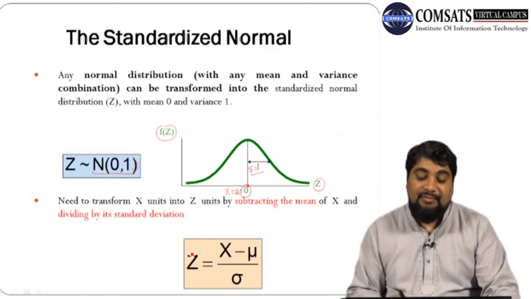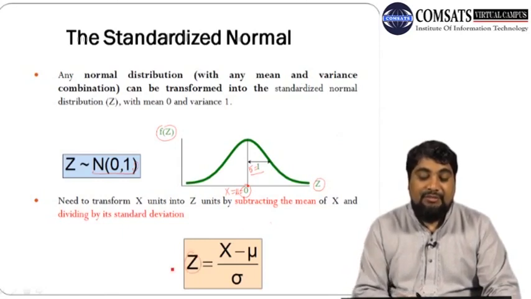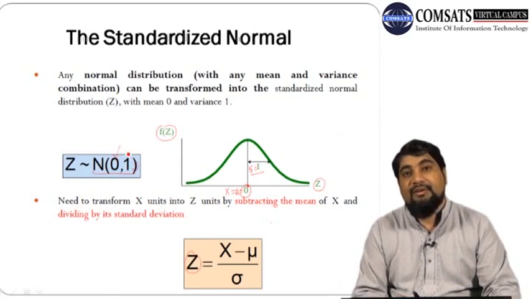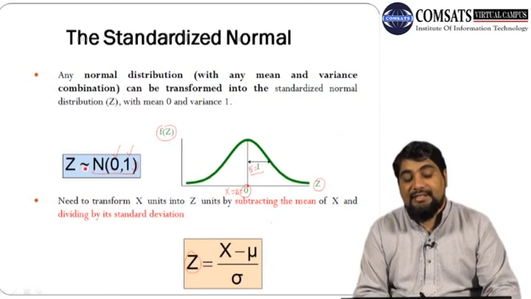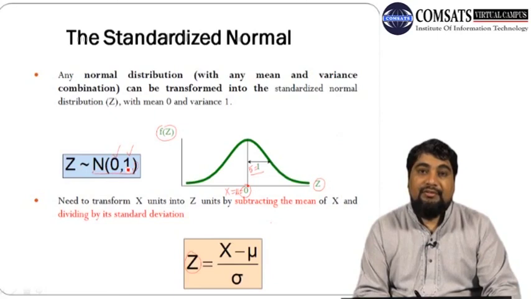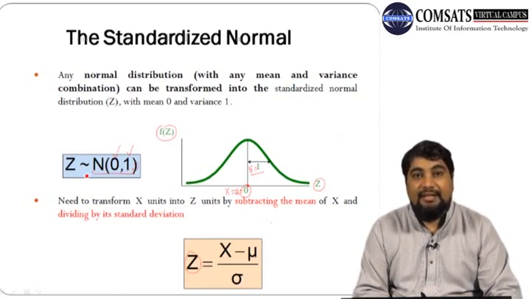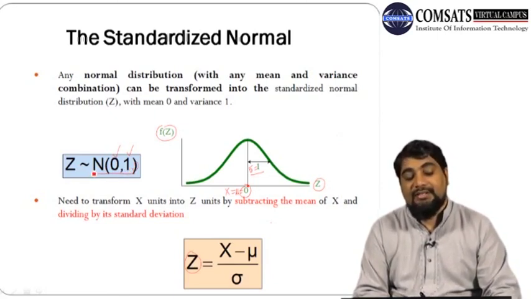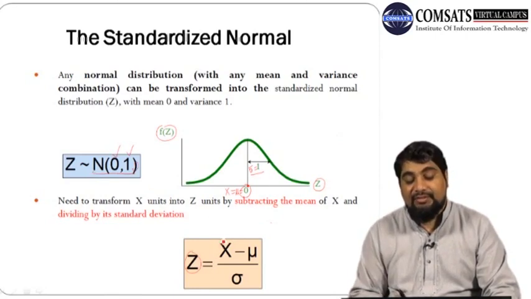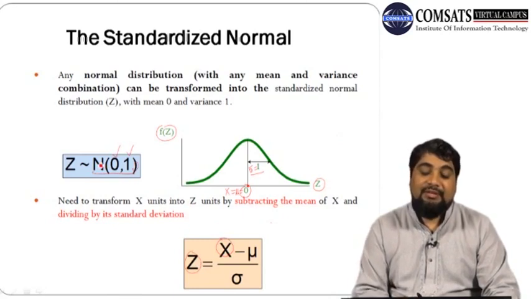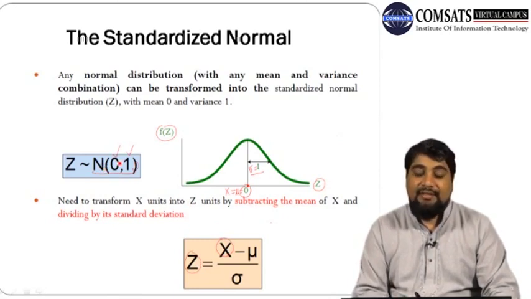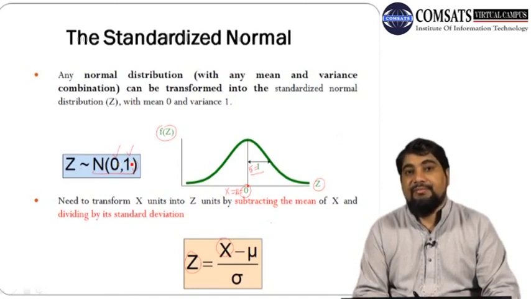Now this random variable z has mean 0 and variance 1. So we say that z is a standardized random variable, or a standardized normal random variable, because the original variable x follows the normal distribution. So z is also normally distributed, and the mean is now 0 and the variance is now equal to 1.